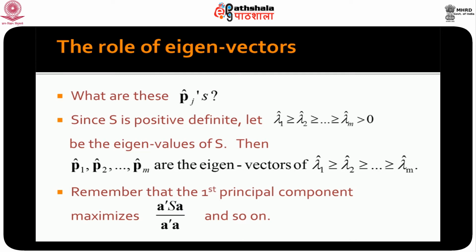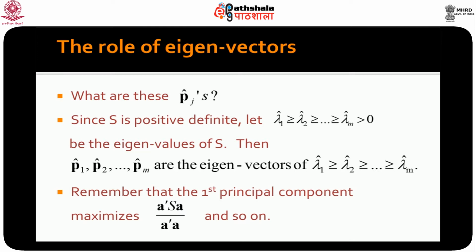It does not matter. But let P1, P2, Pm hat be the corresponding eigenvectors. So P1 hat corresponds to lambda 1 hat, etc. So these eigenvectors are, as before, used as the coefficients of the x's in forming the principal components. The first principal component is given by y1 hat, which is P1 hat prime x.